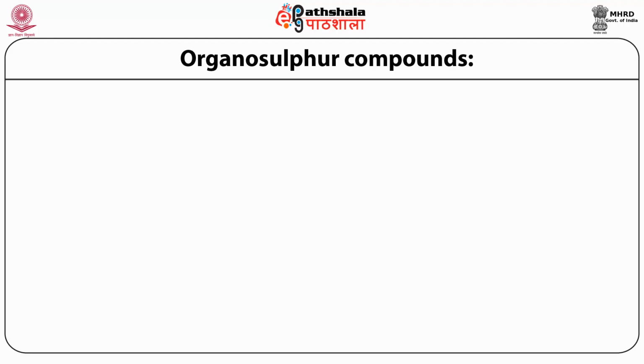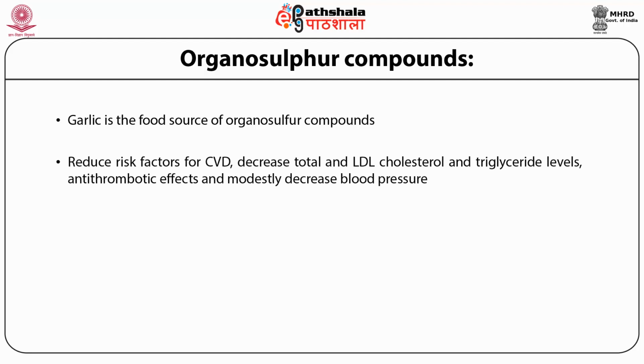Organosulphur compounds. Garlic is the food source of organosulphur compounds. It favorably affects important risk factors for cardiovascular disease, decreasing total and low density lipoprotein cholesterol, and triglyceride levels. They have antithrombotic effects and modestly decrease blood pressure. Mechanisms that explain the observed effects include a decrease in cholesterol and fatty acid synthesis and cholesterol absorption.